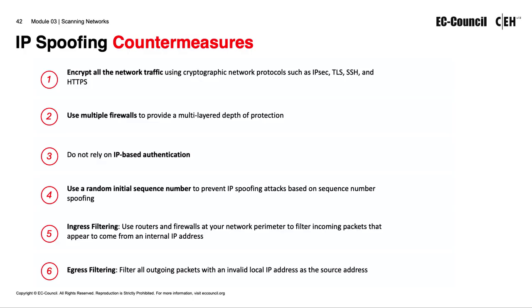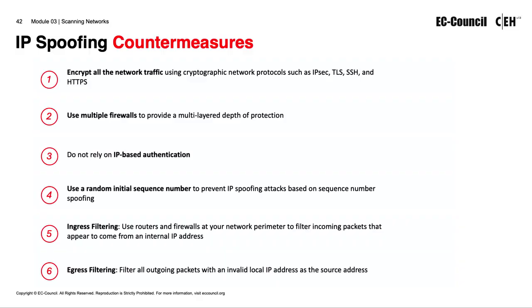Number three, we're talking about authentication. But remember when I said that sometimes there's a hole in the firewall to allow a specific IP address? Do you know that you can set up a firewall just to let a specific IP address through without any ACL? That's called IP authentication. You don't want that. Ingress and egress filtering, anything that goes in and out of the network, and random ISNs are very good.